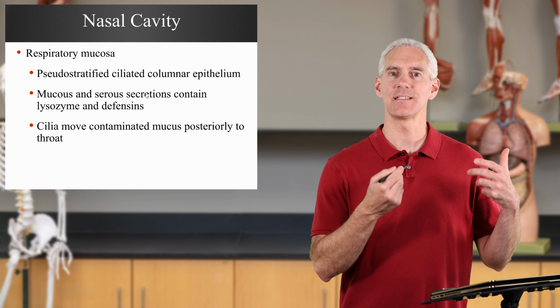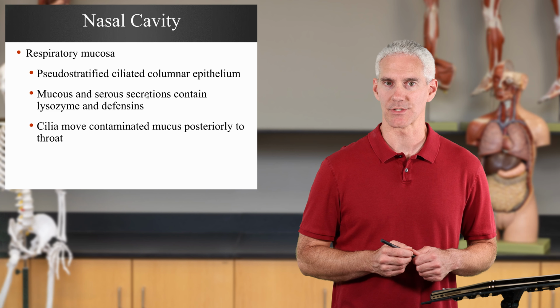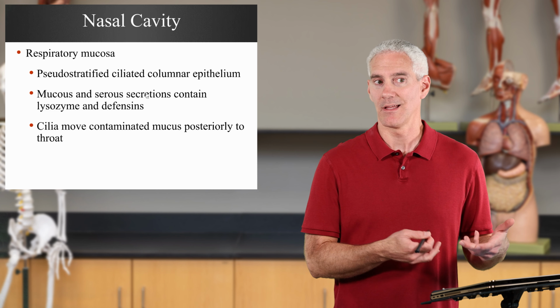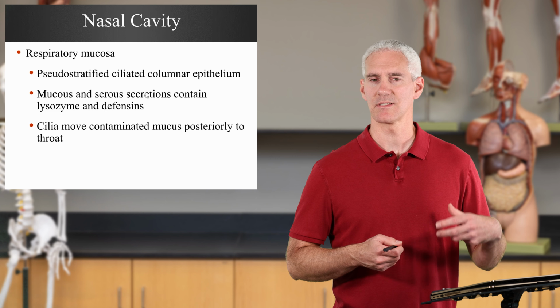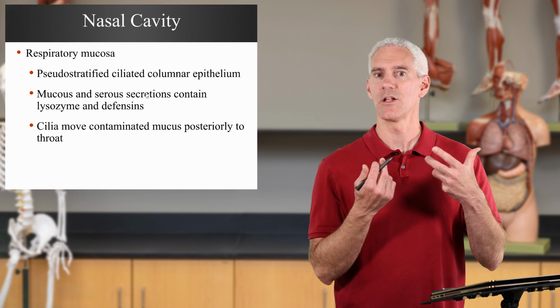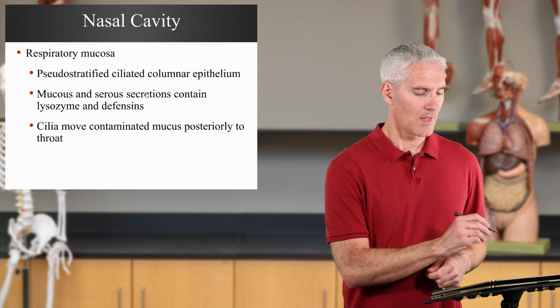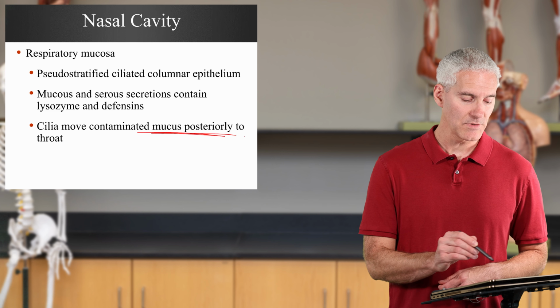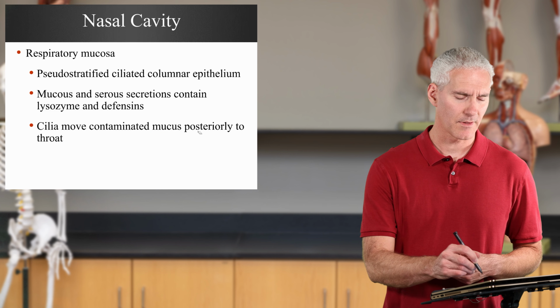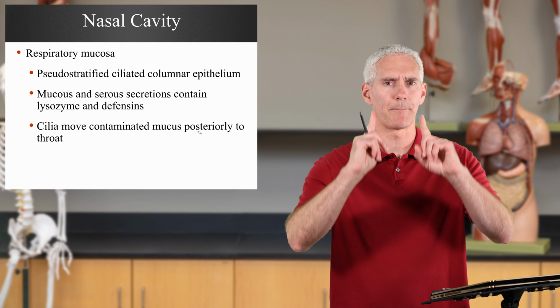That's why you have these different specialized structures to try to protect yourself, as well as think back to the lymphatic system. We talked about the tonsils and other things. They're up and around trying to help out here. Now, the key thing that I mentioned with the cilia before, moving the mucus, moves it posteriorly. Well, think about it. Mucus going posterior means going back.